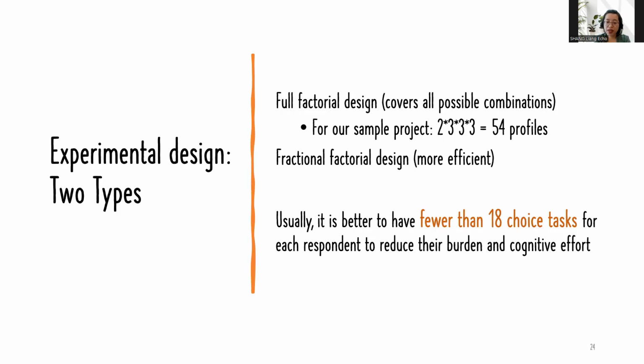So in most cases, when we have a relatively complicated experimental design, we will go for the second option that is called a fractional factorial design. This is considered more efficient because it is less time consuming and gives less burden on your respondents to complete a DCE questionnaire.